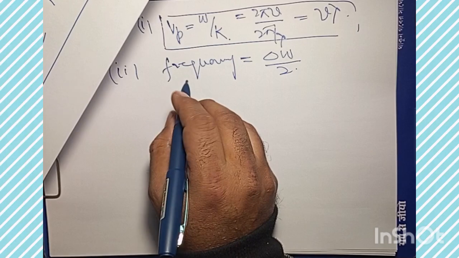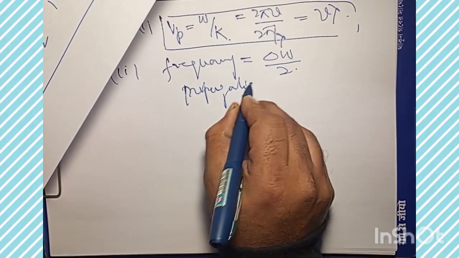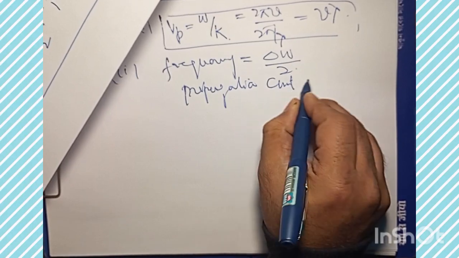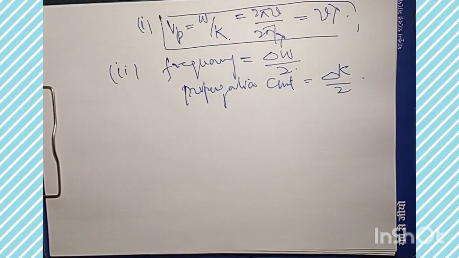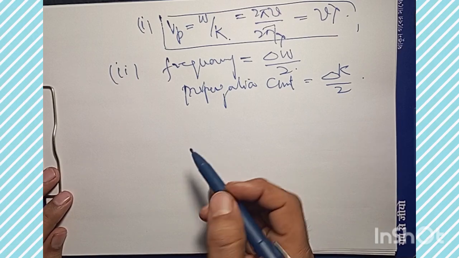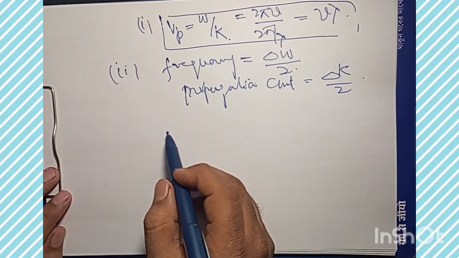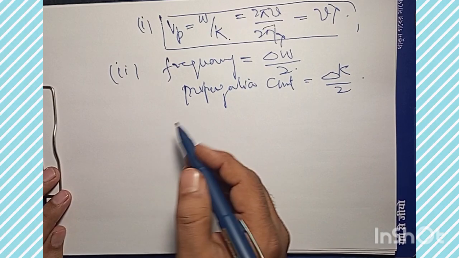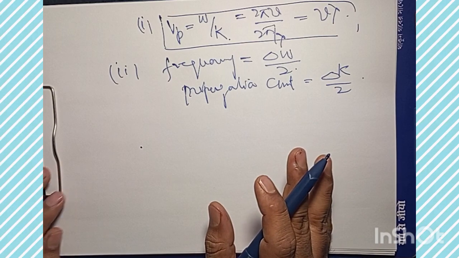They have a propagation vector, a propagation constant, equal to delta k by 2. All right. So what we have is a modulated wave, and we can represent that in some geometrical form where we have the modulation of the waves.